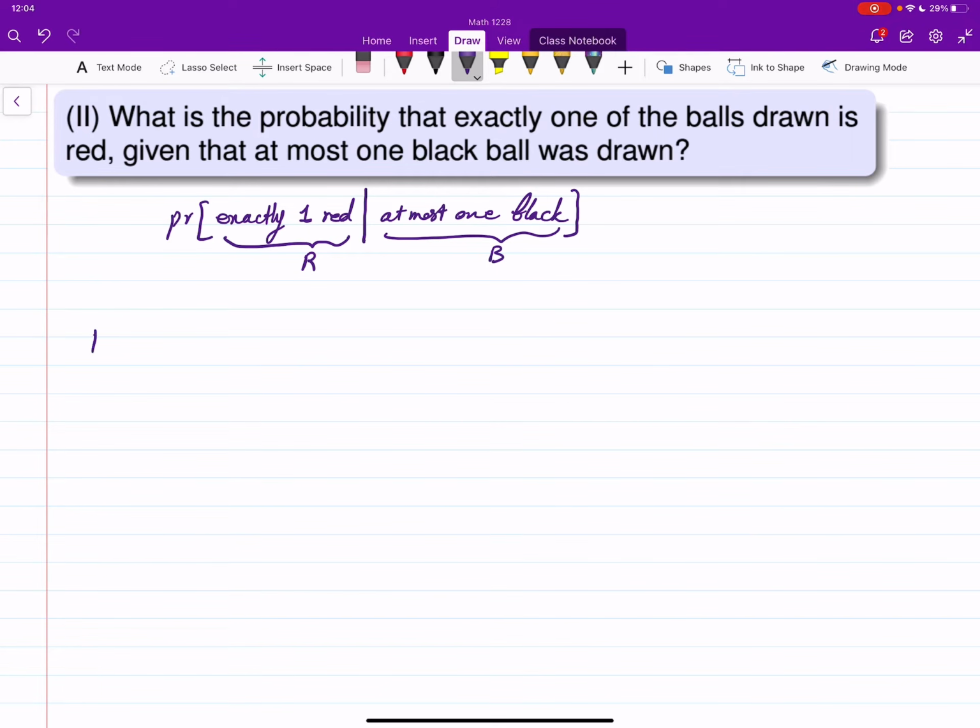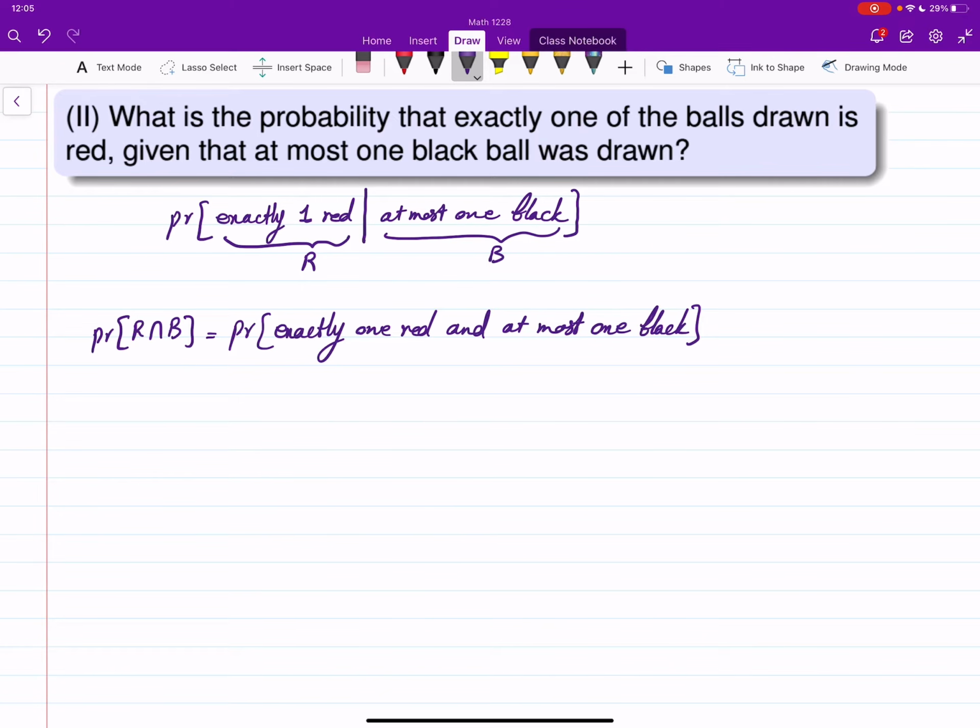So here then I will need to calculate first the probability of the intersection of R and B. In other words, the probability that exactly 1 red and at most 1 black is drawn. And for that, you should keep in mind that at most 1 means either no black or 1 black.